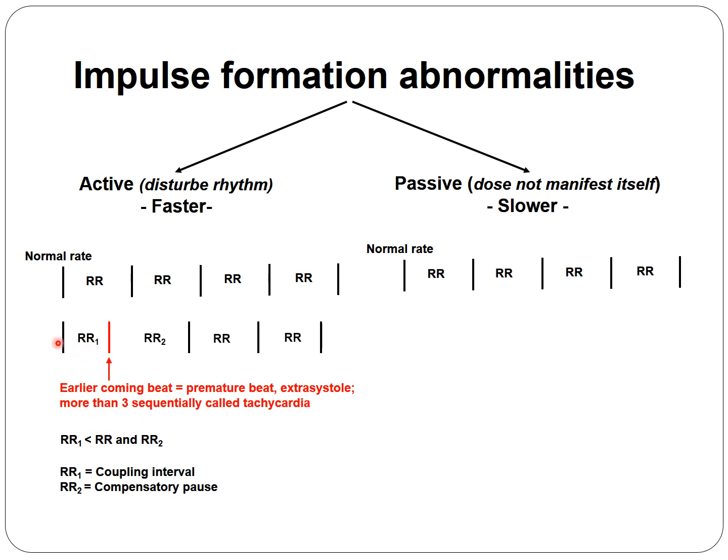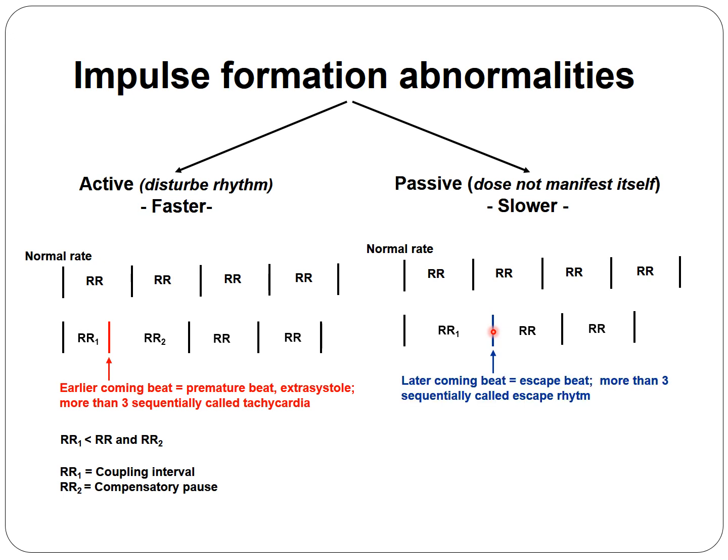So the first distance is called the coupling interval, followed by a compensatory pause. When a later coming beat is due to some kind of abnormality, when a normal beat could not come in time, we have a lower escape center that is going to fire, and this beat is called an escape beat. If we have more than three beats in a row, that's called escape rhythm.